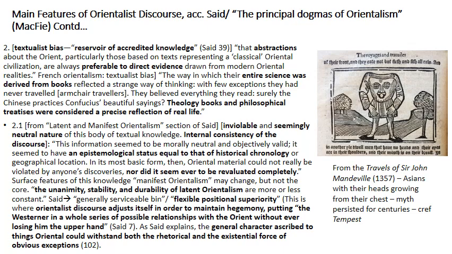Now, there are a couple of concepts here that I should clarify. This idea of the generally serviceable bin: what Said says, quite humorously here, is that you have this set of preconceived ideas about the East. Now, you go to the East, you travel in the East, and you see certain things which are not corroborated by this earlier set of ideas, which doesn't match your preconceived or textually received notions.